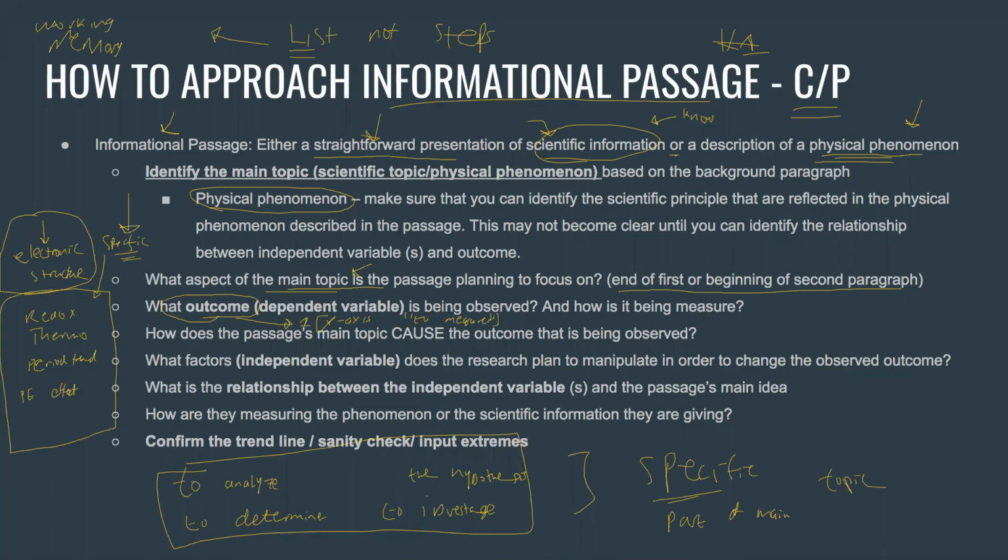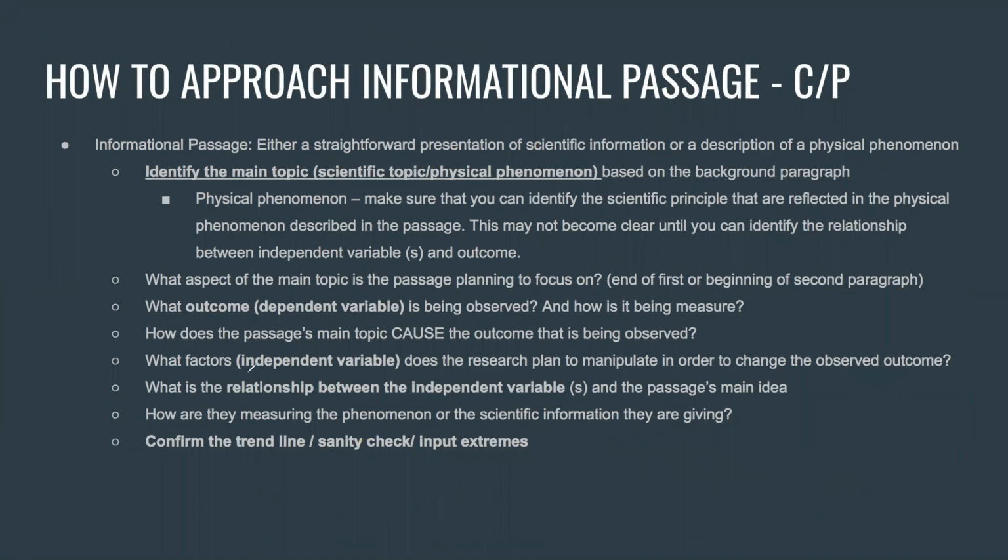Okay, so I'm gonna clear and get across a couple more, like these are some very, very high yield granular things. So the concept of understanding how you measure phenomenons is super duper important. For biochem, what that means is know your lab techniques. If you know what your lab technique is, you are going to understand what outcome or what dependent variable somebody was trying to check and see, right?